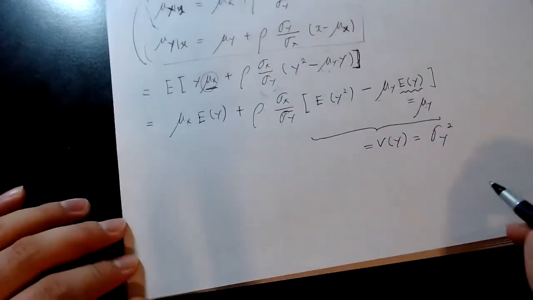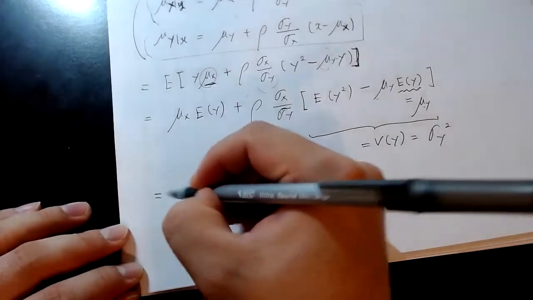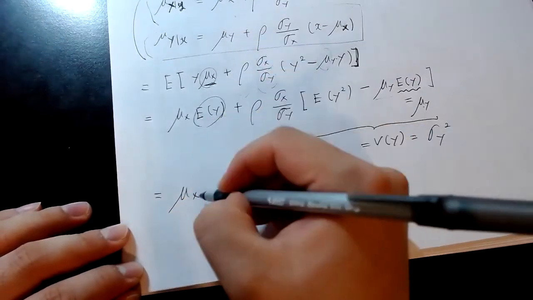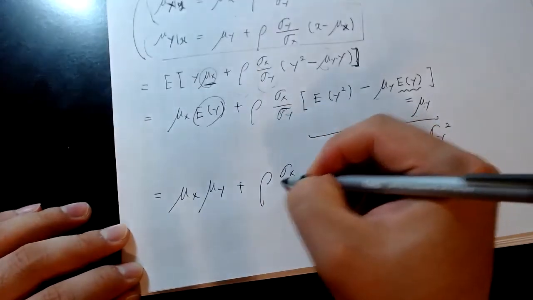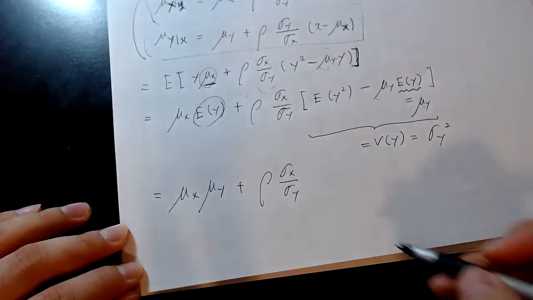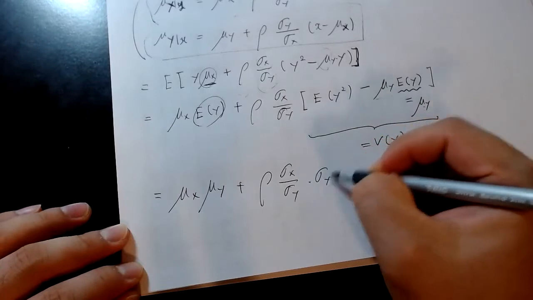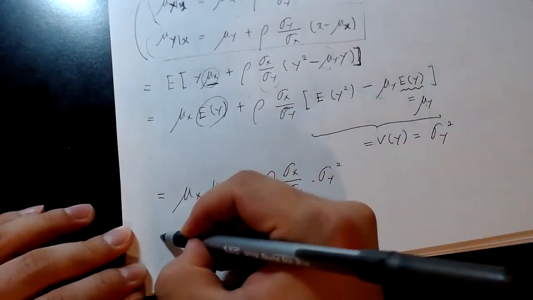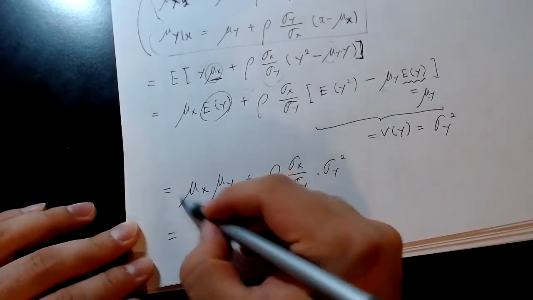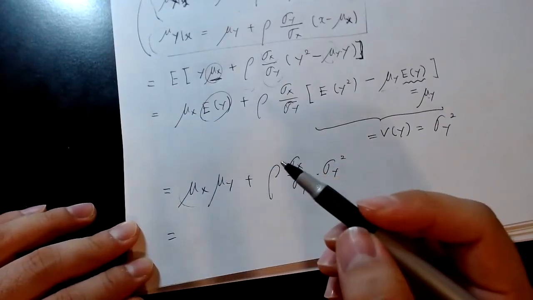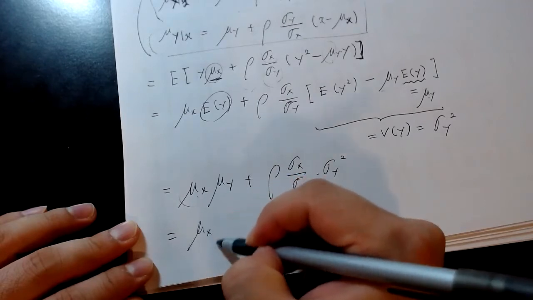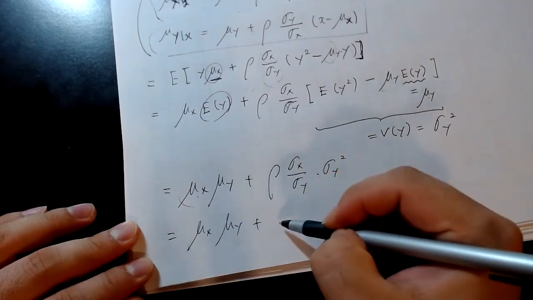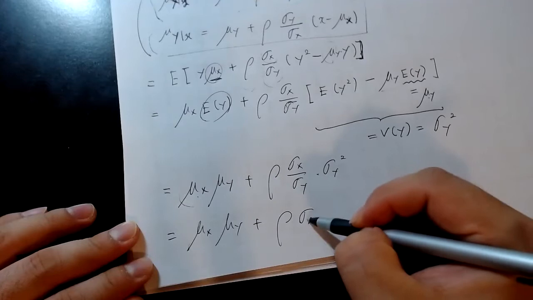So now this is equal to mu x and this is also mu y, mu y plus rho times sigma x sigma y times sigma y squared. Right. So this is equal to mu x mu y plus rho sigma x sigma y.